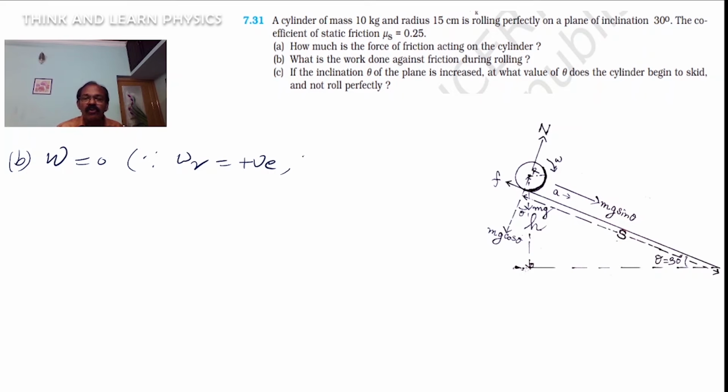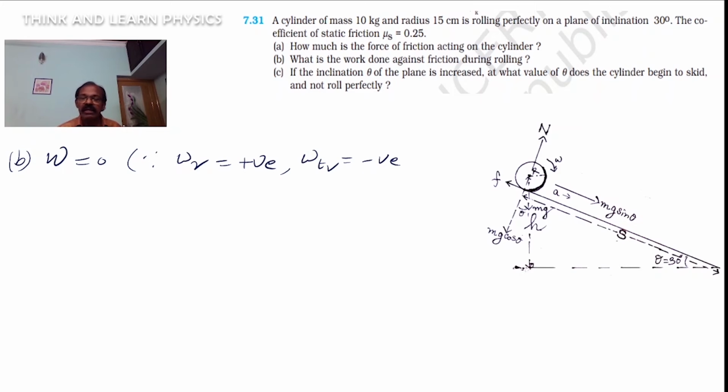And also work done for translation motion WTR is negative. Why? The force of friction is in the upward direction parallel to the plane and the displacement S is in the downward direction parallel to the plane. So they are in opposite directions.